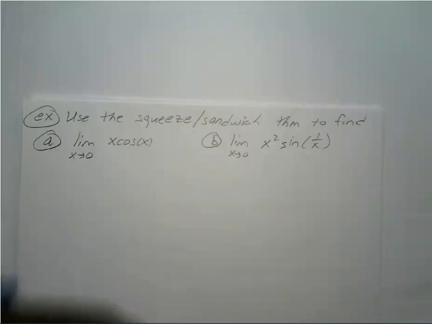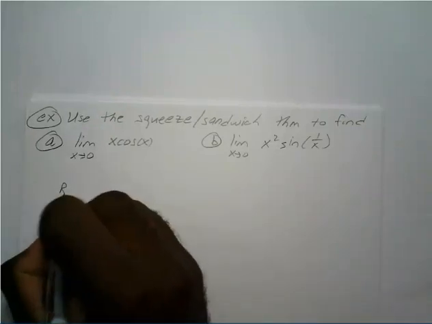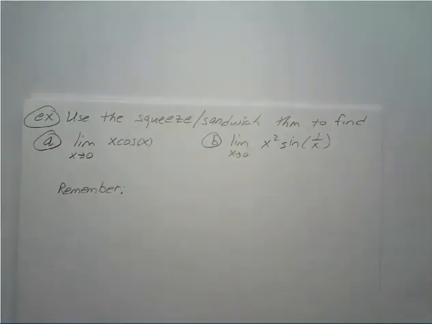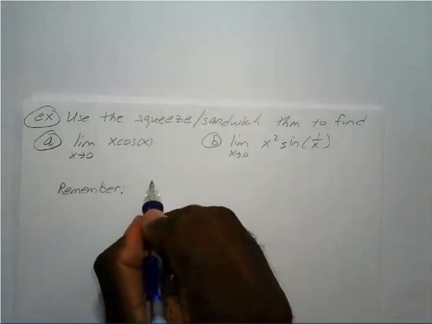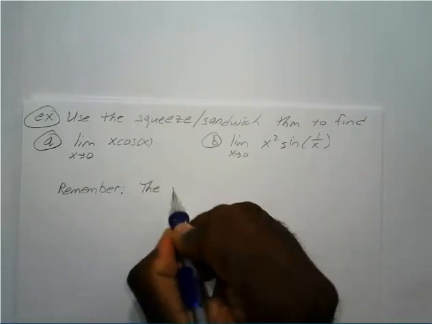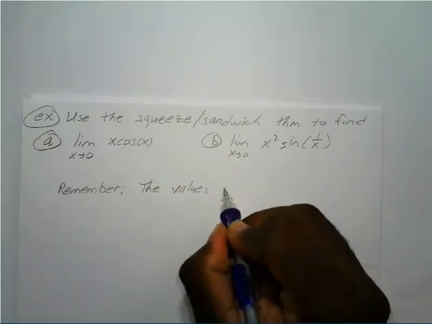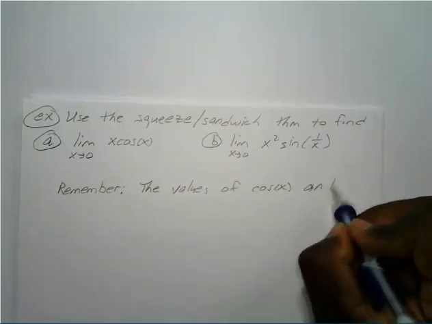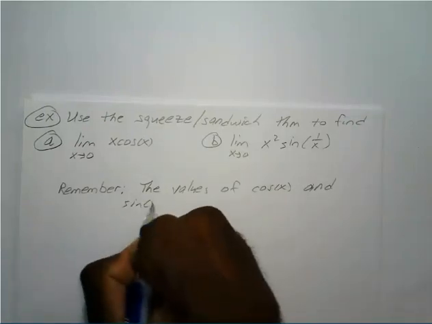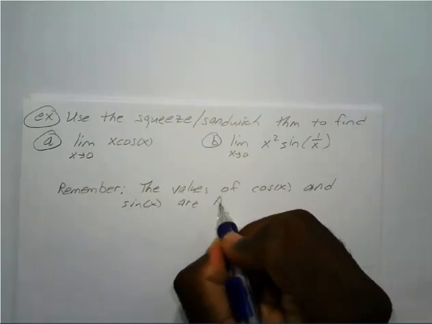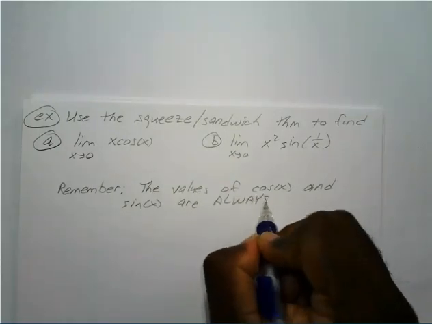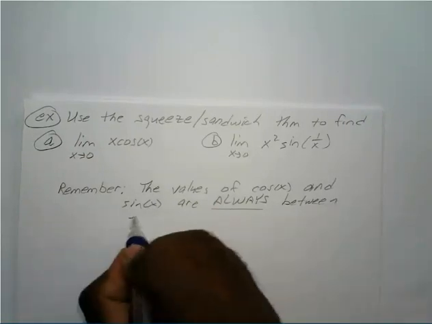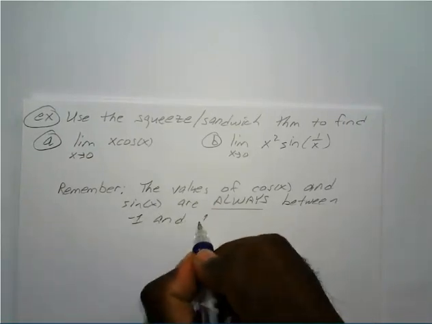All right. Now, before we even get started, there are two things you want to remember. First, you want to remember values of cosine of x and sine of x are always between -1 and 1.